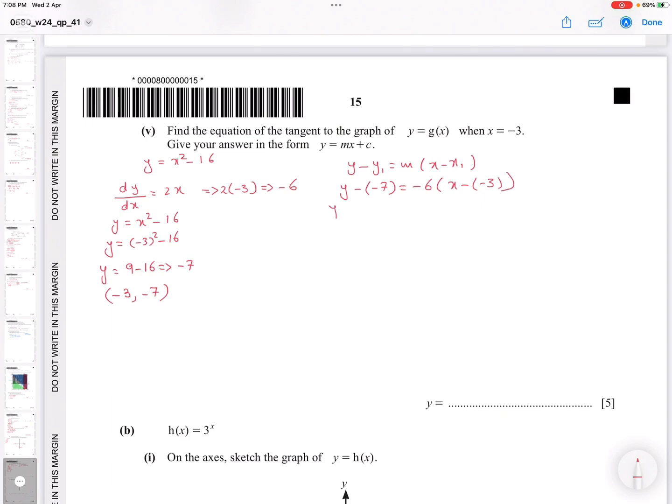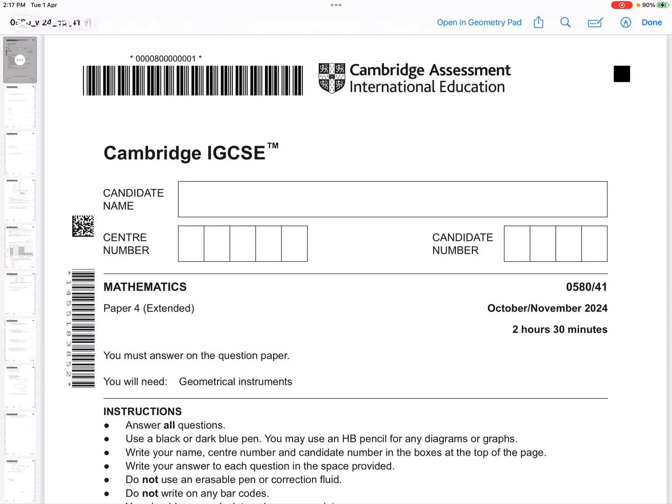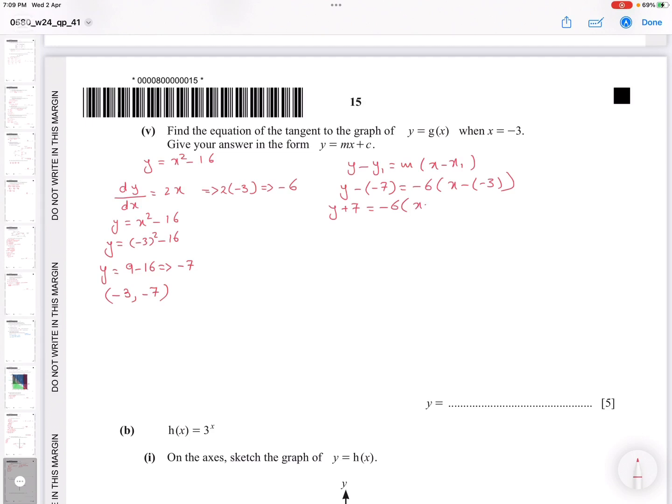Now I simplify this. y plus 7 equals negative 6, x plus 3. So y plus 7 equals negative 6x, negative 18.